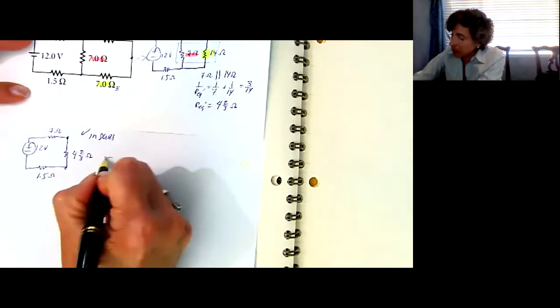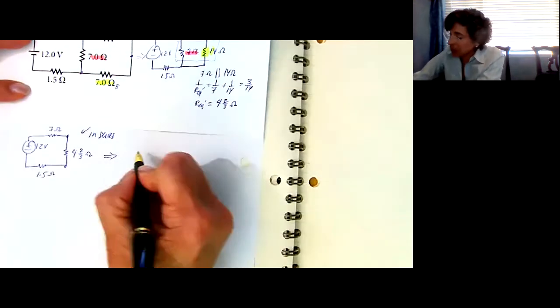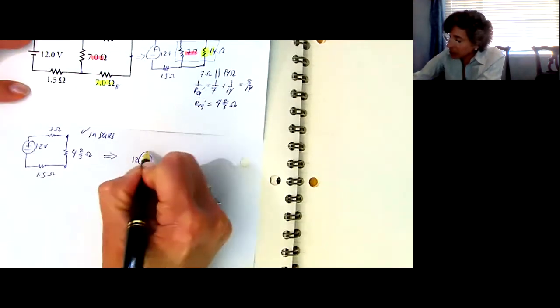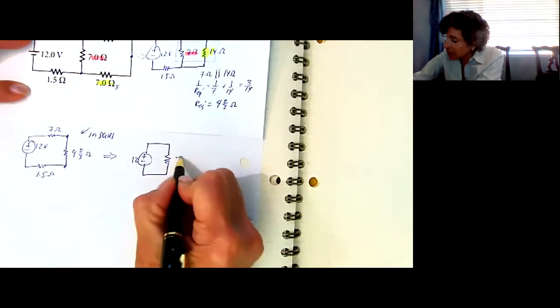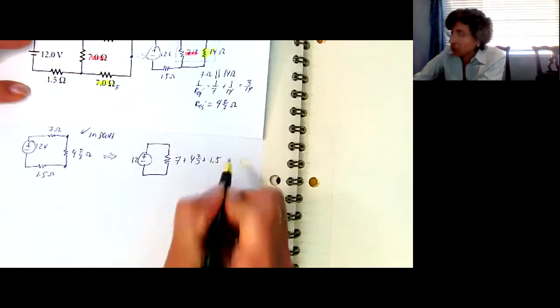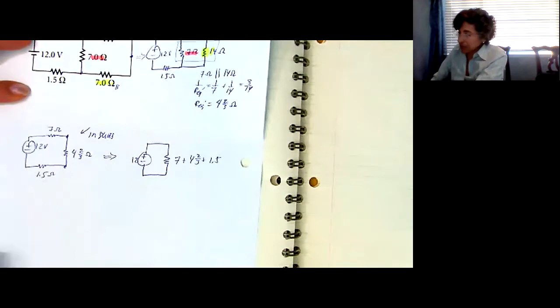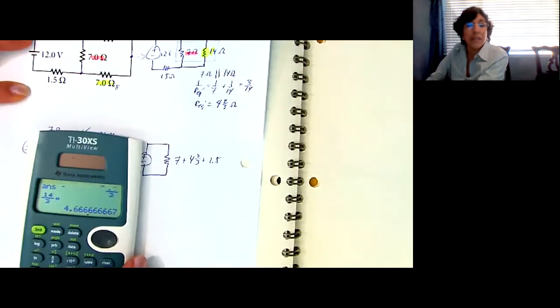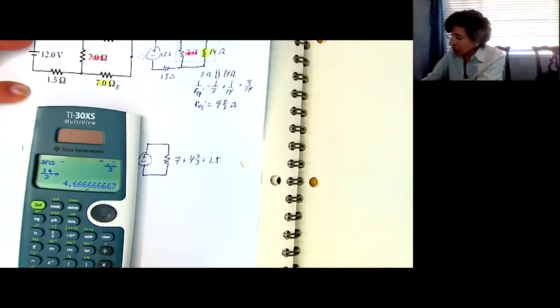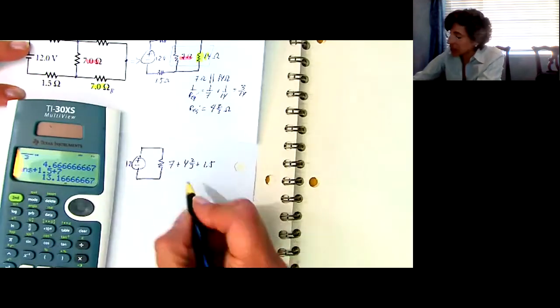So I'm going to redraw this with a 12 volt battery and 1 resistor. And this one's going to be the 7 plus 4 2/3 plus 1.5. Let's see what that is. 4 2/3 plus 1.5 plus 7, and I get 13.1666667.